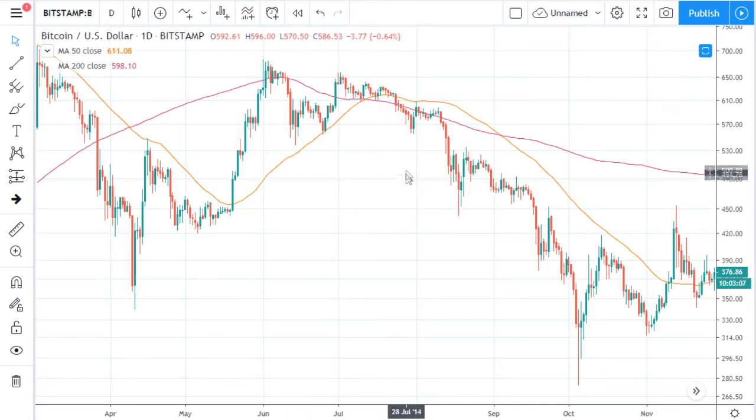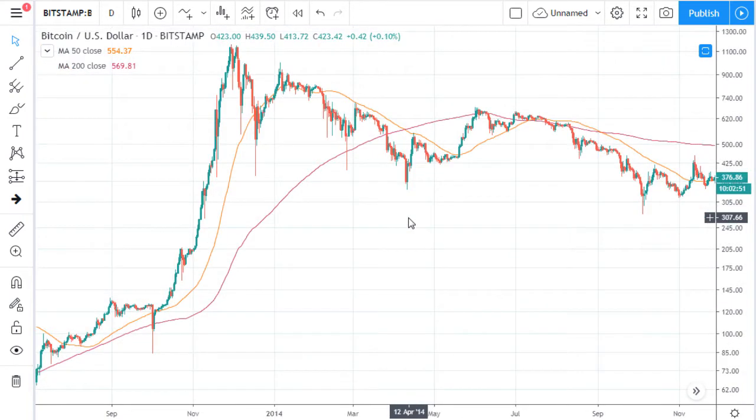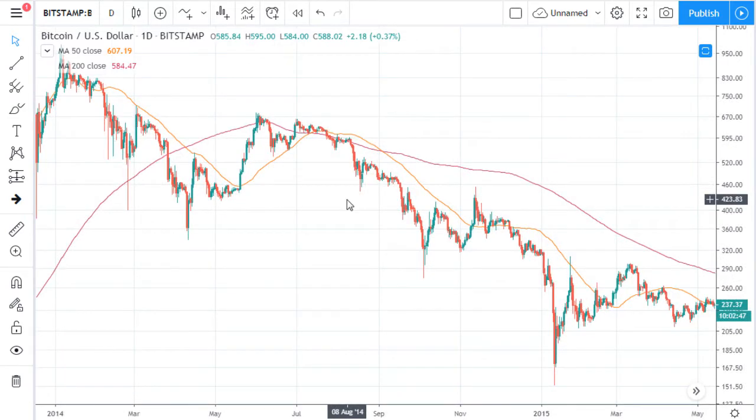If you are in the consolidation period and then there's a golden cross, the pump may not occur. However, if the consolidation has already happened for some time, then there's a big possibility that the pump will occur.